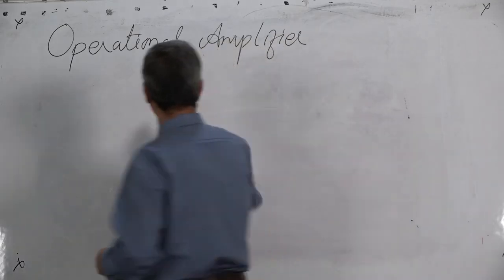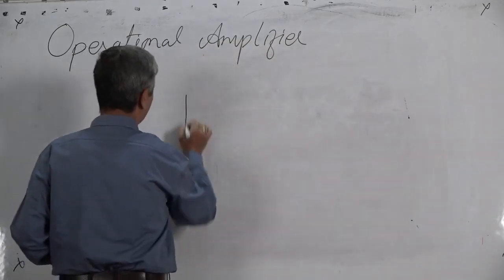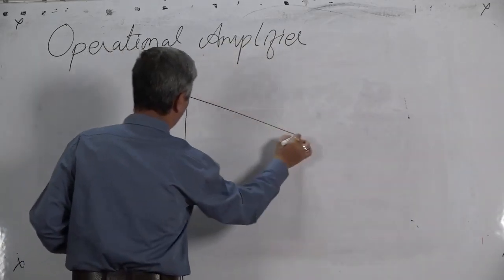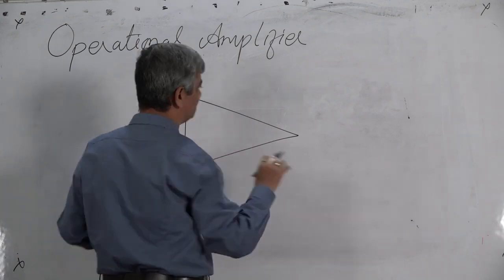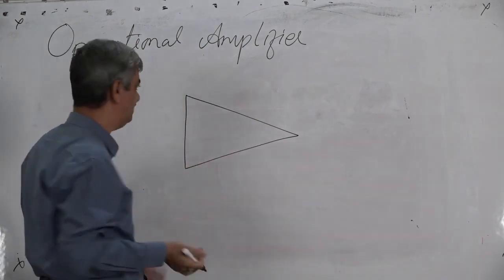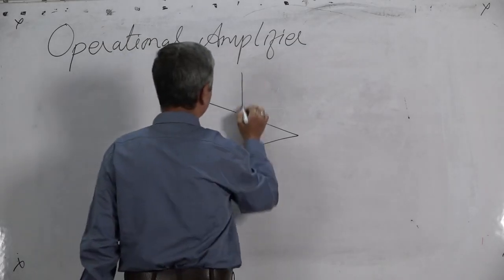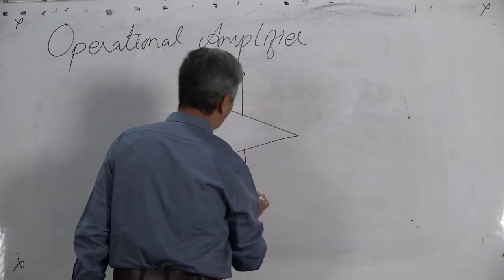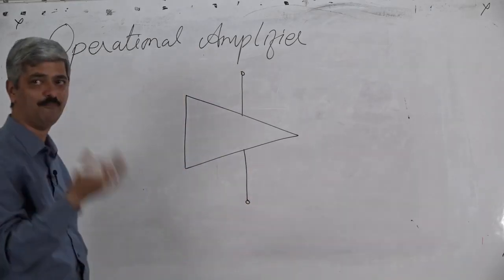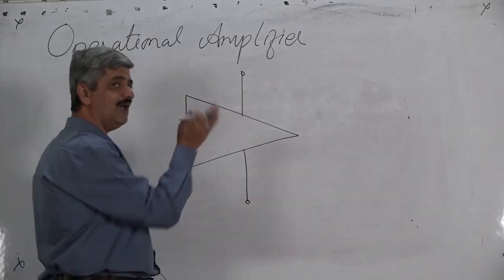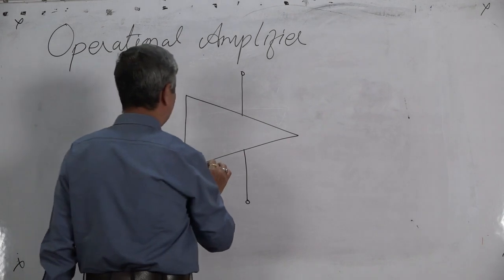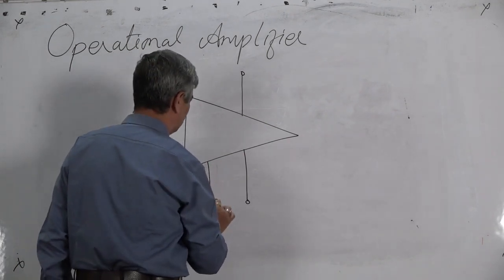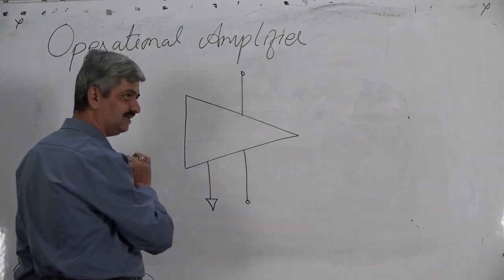So, an operational amplifier is in fact, as any amplifier must, it must run on a power supply, just like you need food to survive, a device needs power supply to operate. It is a dual-ended supply and obviously with respect to a common ground. So, a ground terminal is a must for any electrical circuit.